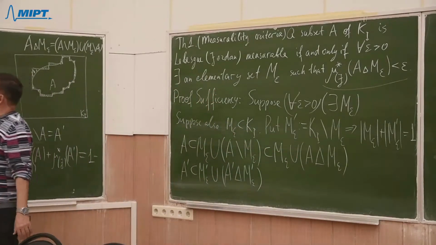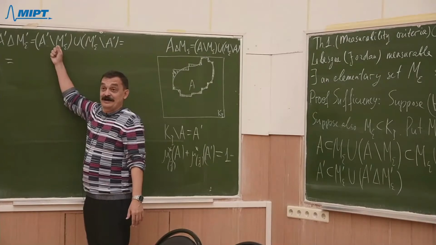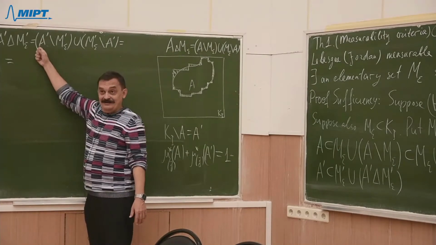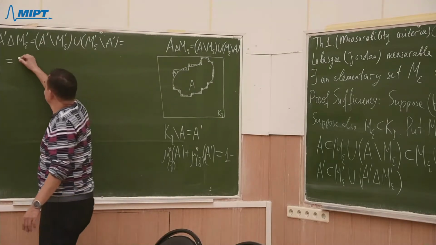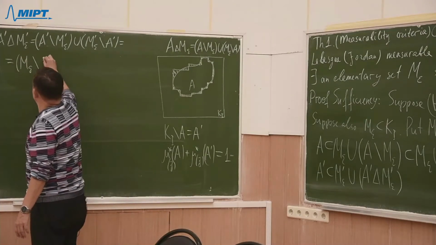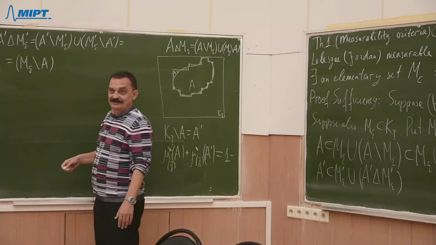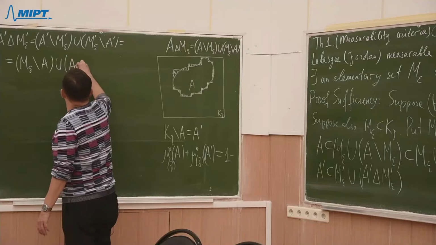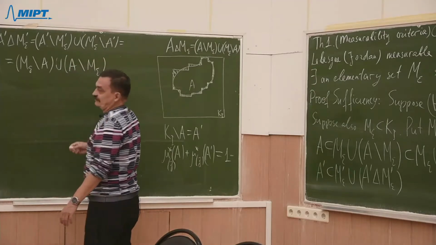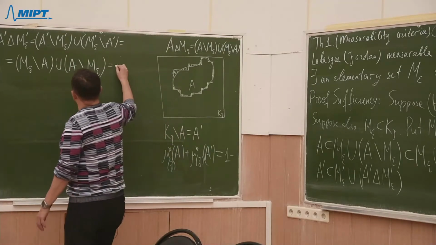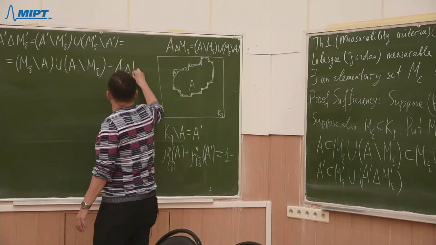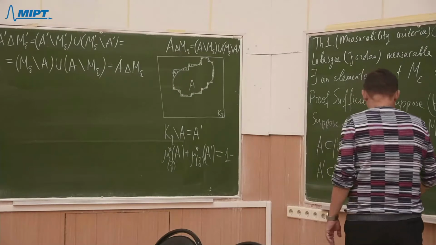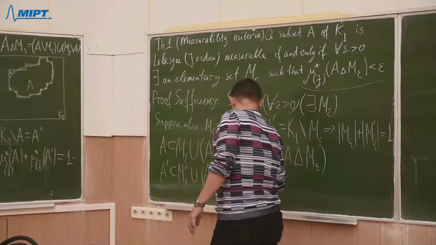So if we are not in M epsilon prime, we are in M epsilon, but we are not in A. So this is precisely that one, and here we have the other. So that is precisely the symmetric difference.